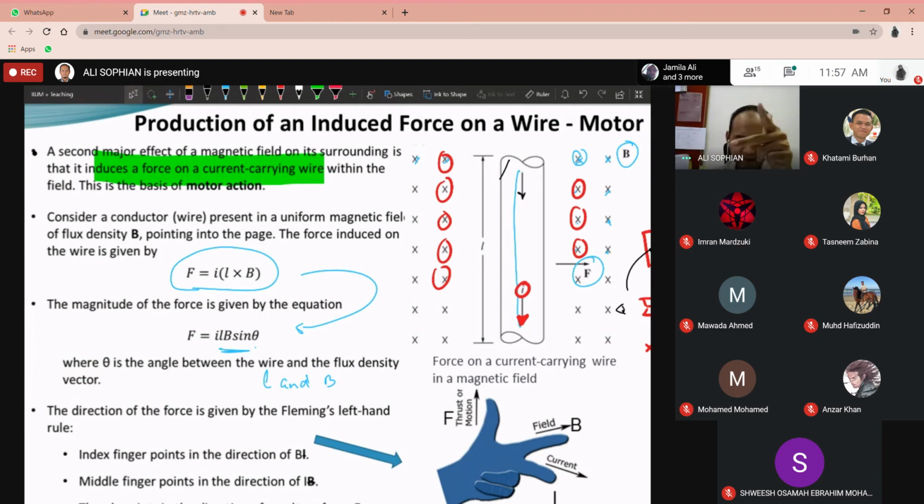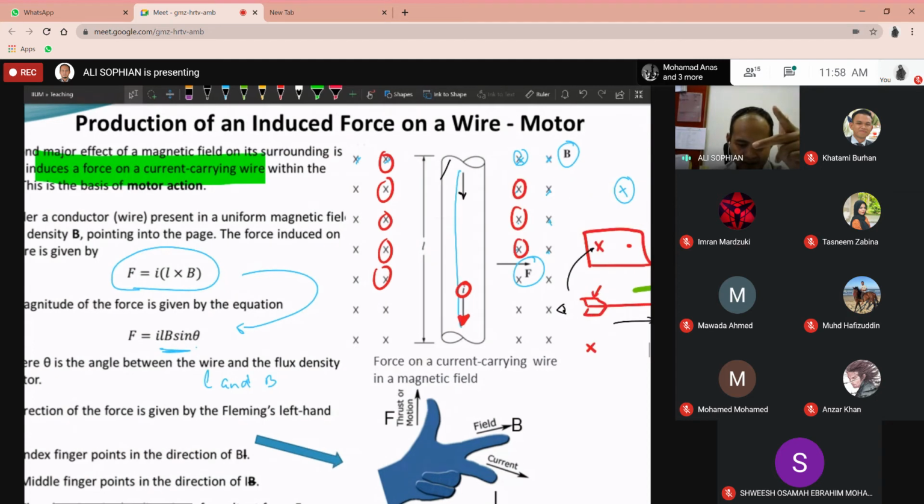Okay. Right. So if you look at the slide again, B is pointing away from you into the page. So this is B pointing into the page, away from me, going in that direction, and I is downward.